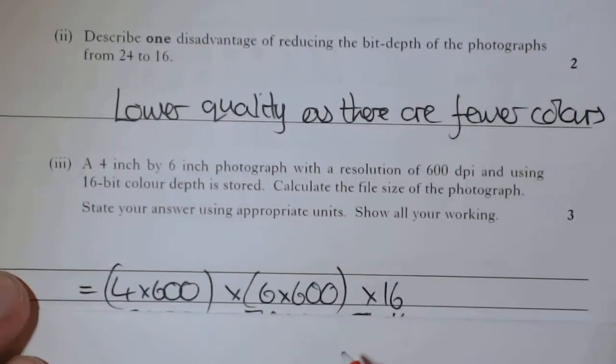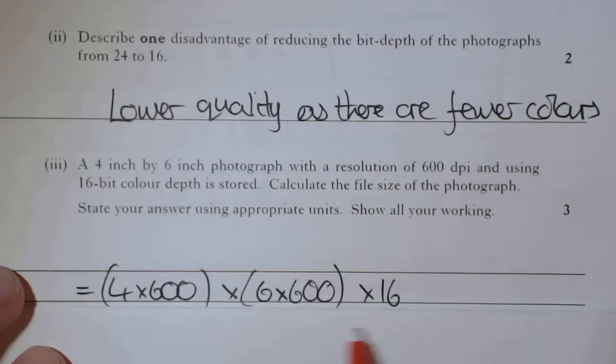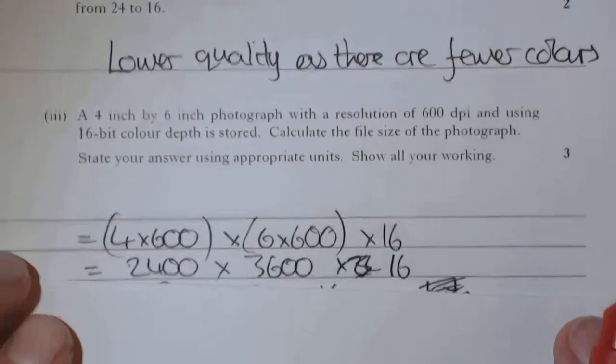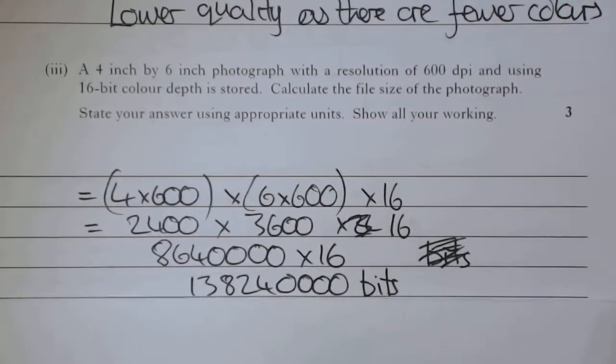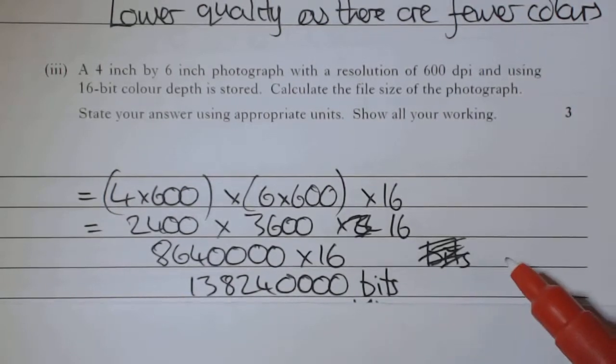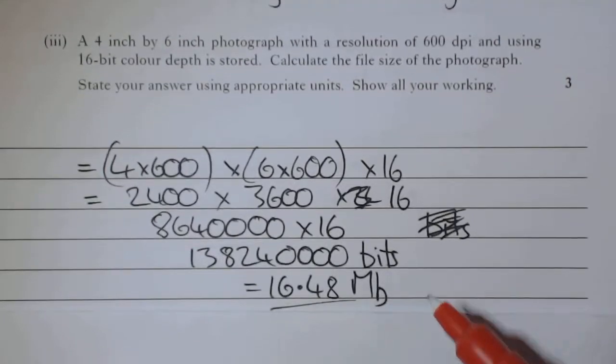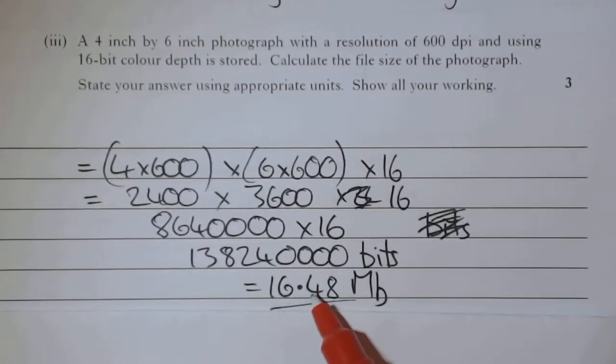So you get a wee equation like this, and then once you work it out, you'd get it into bits, and then again, bits to bytes, you divide by 8, bytes to kilobytes divide by 1024, kilobytes to megabytes divide by 1024, and you should get an answer of 16.48 megabytes.